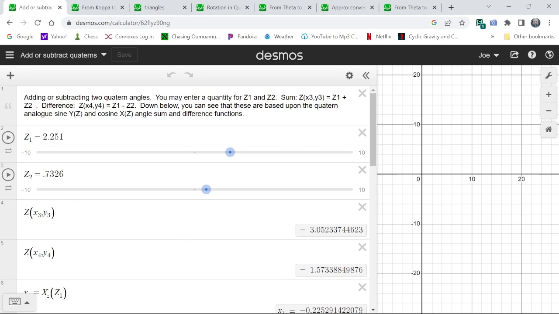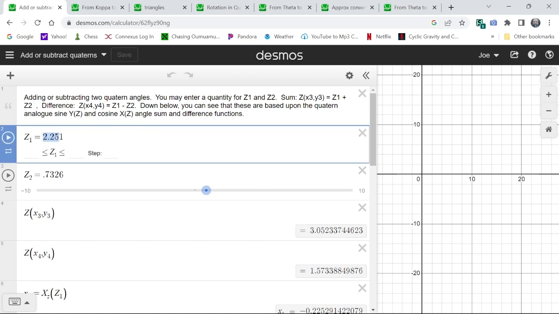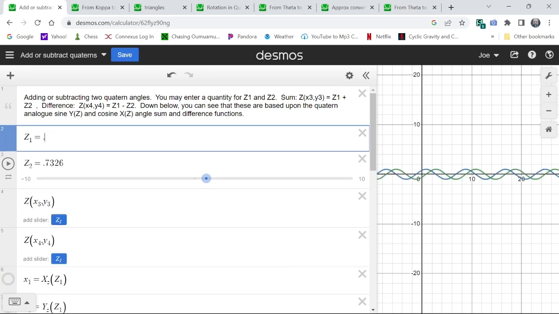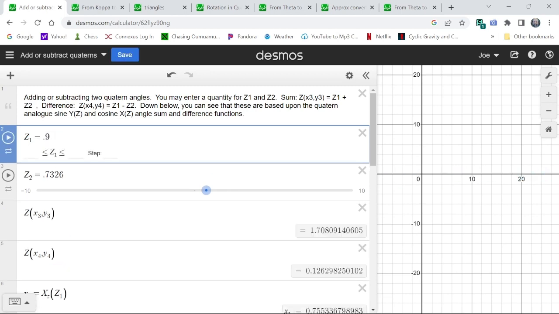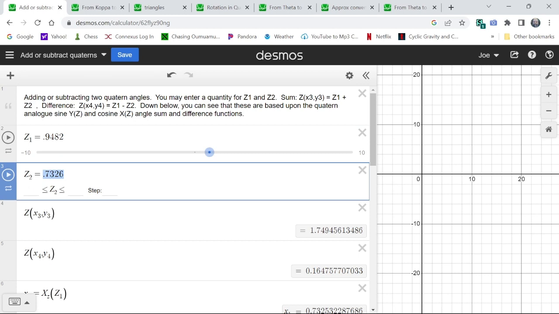So again, none of this is transcendental, right? It's all algebraic. So I'm going to go ahead and put the first angle in there, which was 0.9482. That was my angle A. And I'll put the second angle in there, which was 1.752. That was angle B.